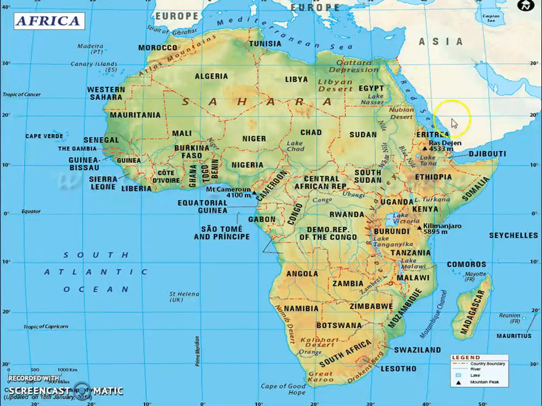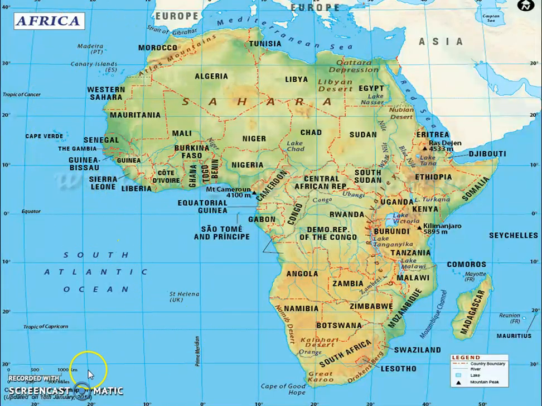As you come down a bit further, it's not written here, but this is our Indian Ocean. The water of this place is the Indian Ocean. On the southern bit you find the Southern Ocean, and as you come to the southwest and western side, you find the Atlantic Ocean.